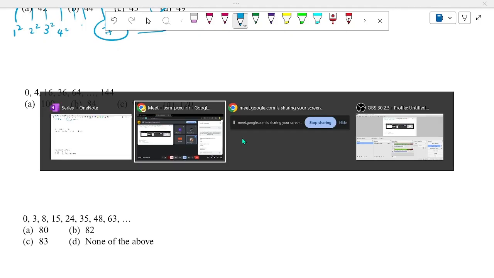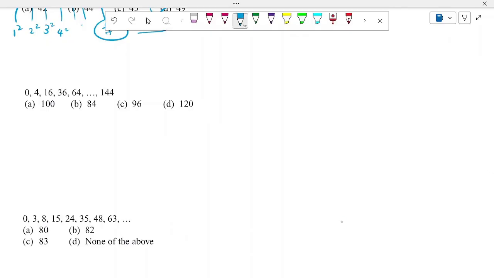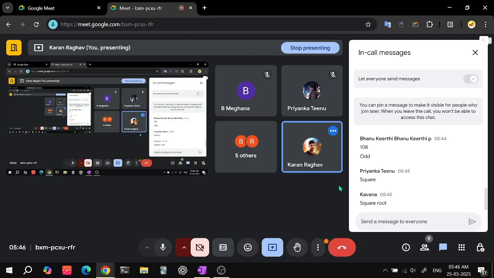Next question, what is the series? It is a simple series. It is a square root. Is it square root? No, not square root. Then anybody else? What is that? Just see the question.